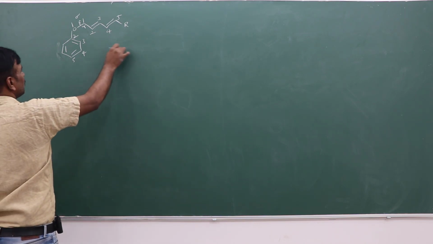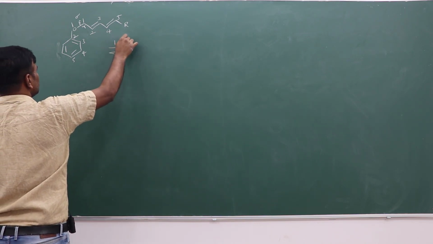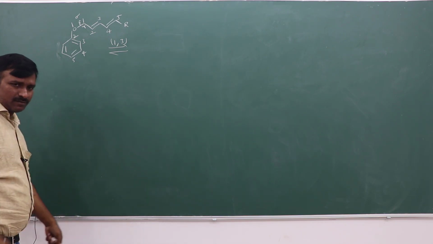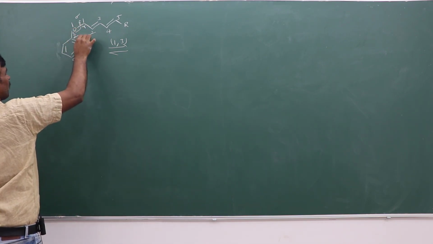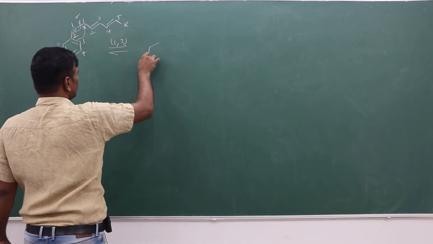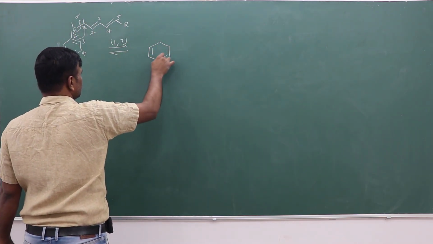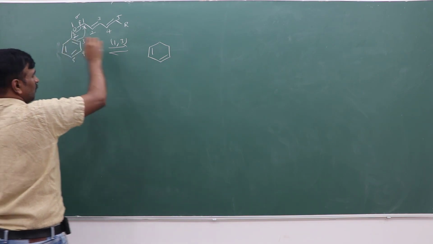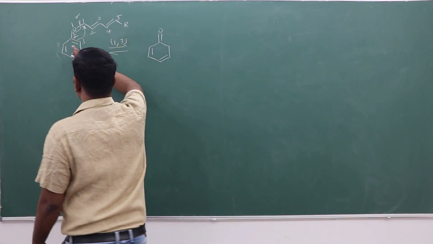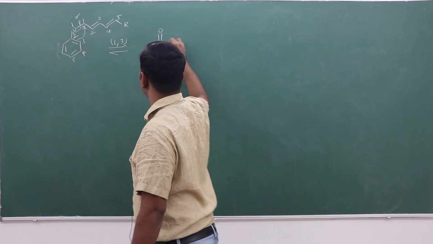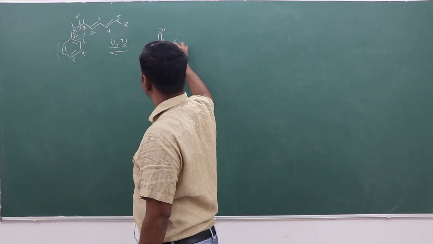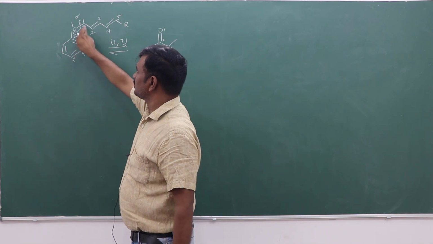So if a 1-3 shift takes place, what will be happening? 1-3 shift, like this. Like the earlier one, the 1-3 shift takes place. These two positions are not changed. Only here, C double bond O, and it is going to be 1, 2, 3. It is going to be attached to the first position.